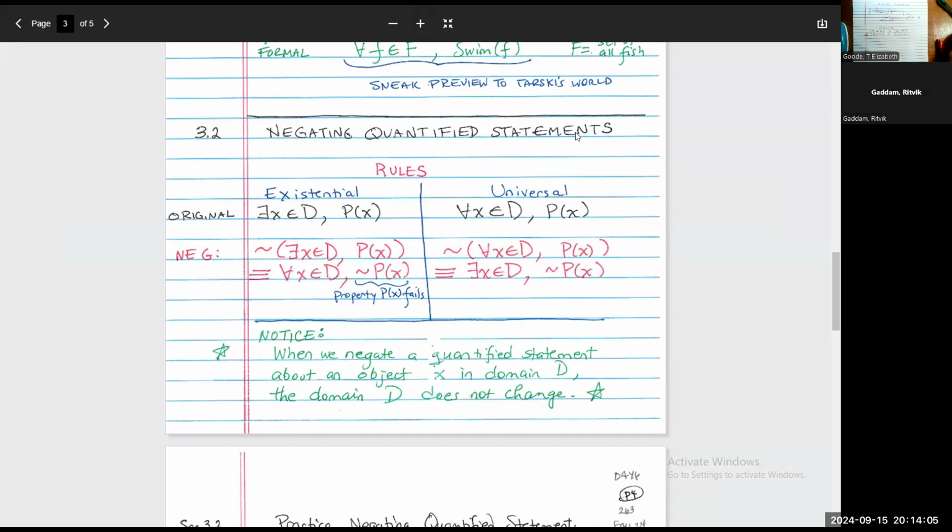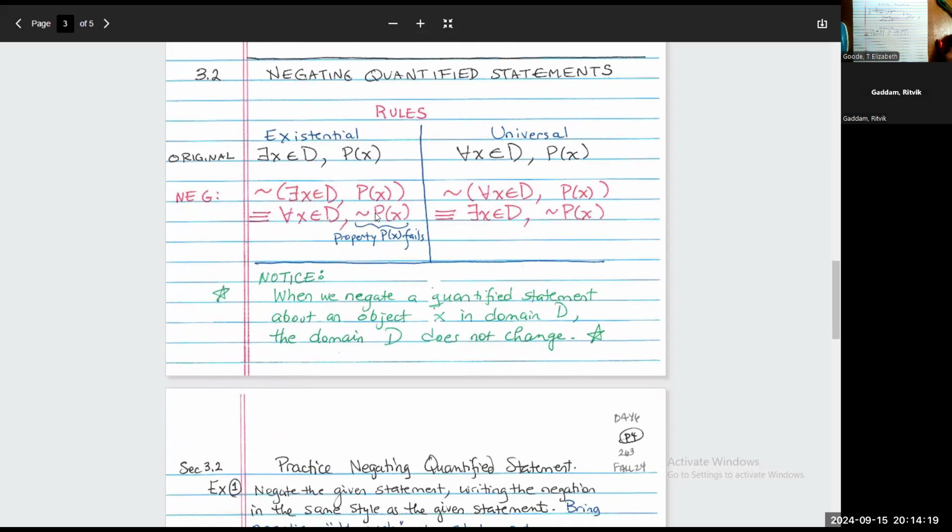This is 3-2 and 3-1, but I labeled it 3-2, but we covered it. When we negate an existential, when we bring this negation through right here, it flips it to a for all. When we negate a for all, it flips it to there exists.